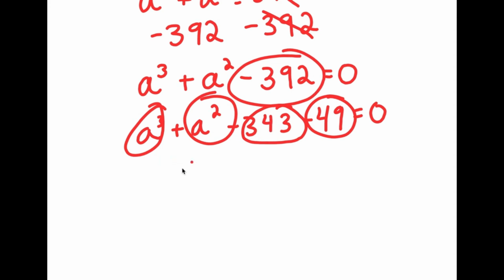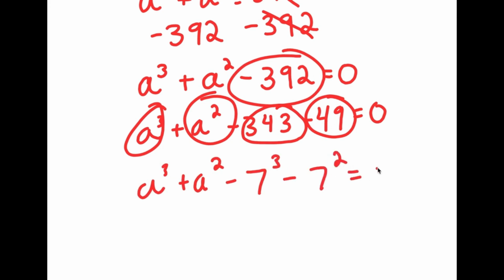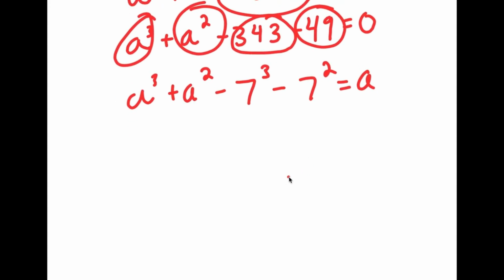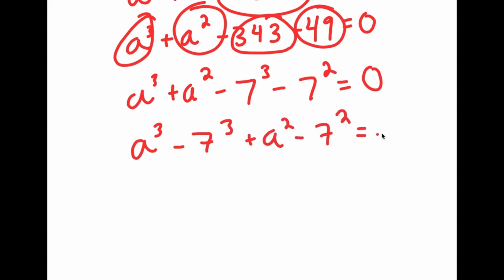Actually, first, I should rewrite 343 as 7 cubed and 49 as 7 squared. So we have a cubed plus a squared minus 7 cubed minus 7 squared, which is 0. And now I'm going to change the order to group the cubes and then group the squares. So I have a to the power of 3 minus 7 to the power of 3 plus a squared minus 7 squared is equal to 0.